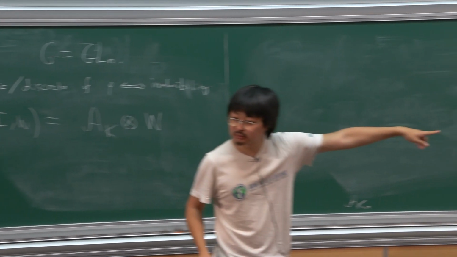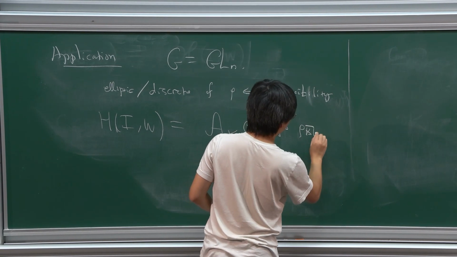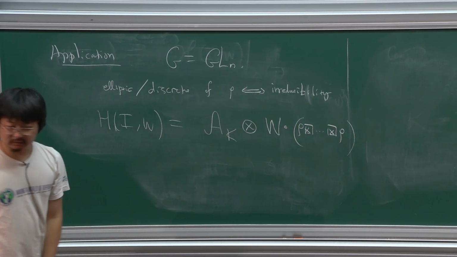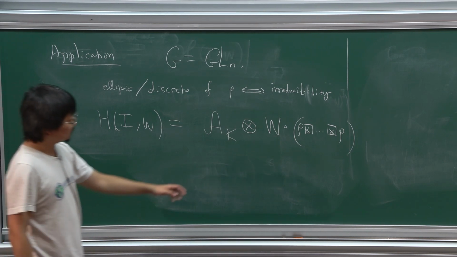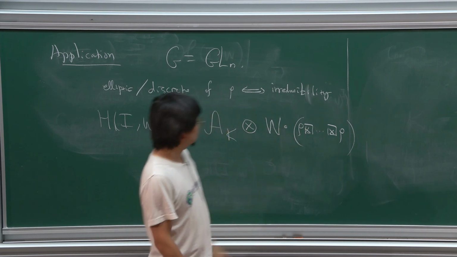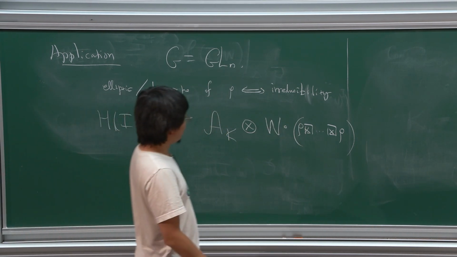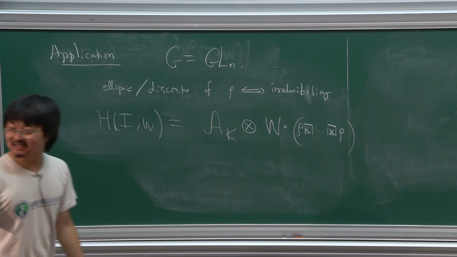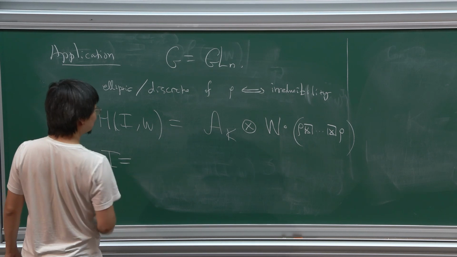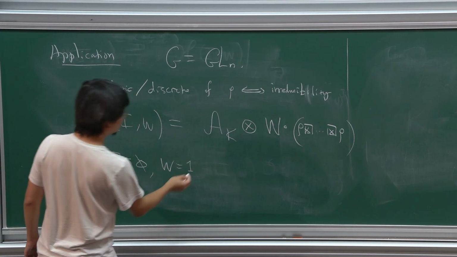I already explained to you, W is basically, you take the i-th exterior power of rho and then compose with W. But what this formula tells us is, if you just let I be empty, W is the trivial representation.